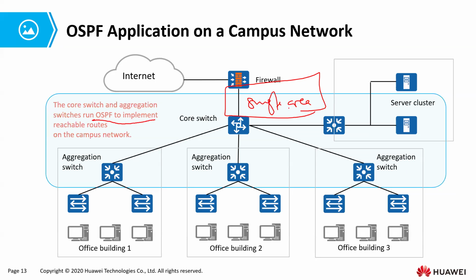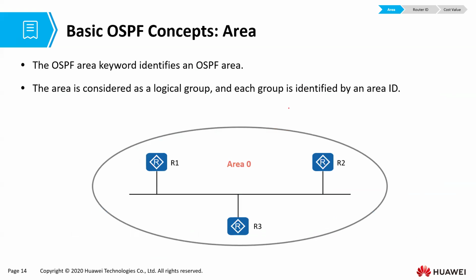Therefore, they will have the same LSDB when synchronized. I'm not sure of the idea behind this diagram, but it basically shows us a campus network, probably all routers in a single area, meaning they will share the same LSDB when synchronized.